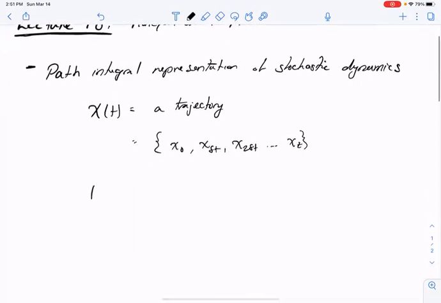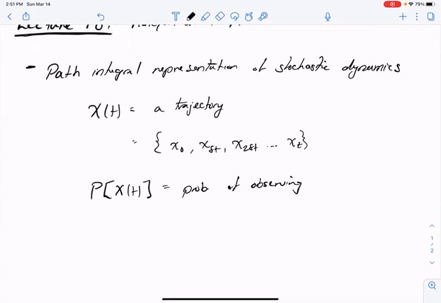So we denoted the probability of a trajectory, capital P of x of t. That is the probability of observing the particular trajectory, x of t.